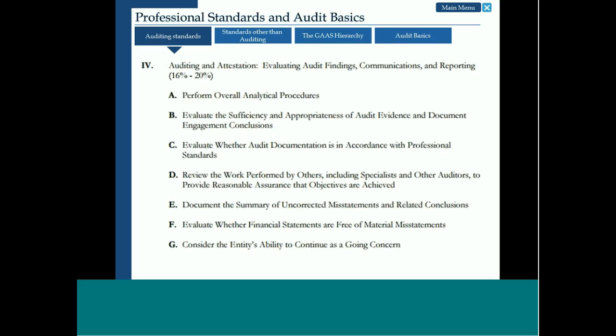Three important ones: analytical procedures, tests of details, and tests of controls. Very important words. We'll see the difference between these three, and we will understand the things associated with analytical procedures, substantive tests, or tests of controls, and what the benefit behind it is.